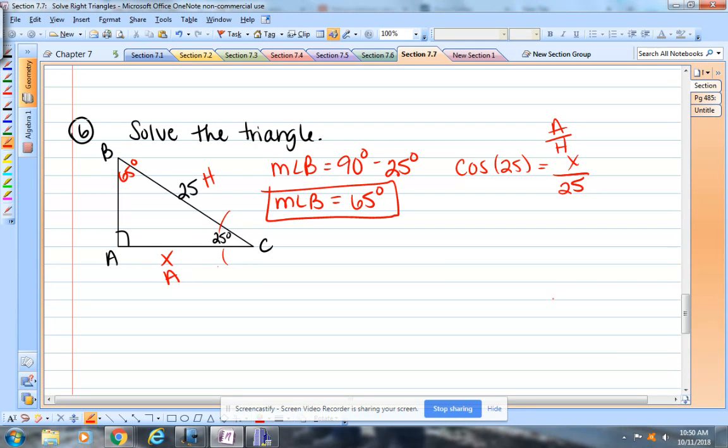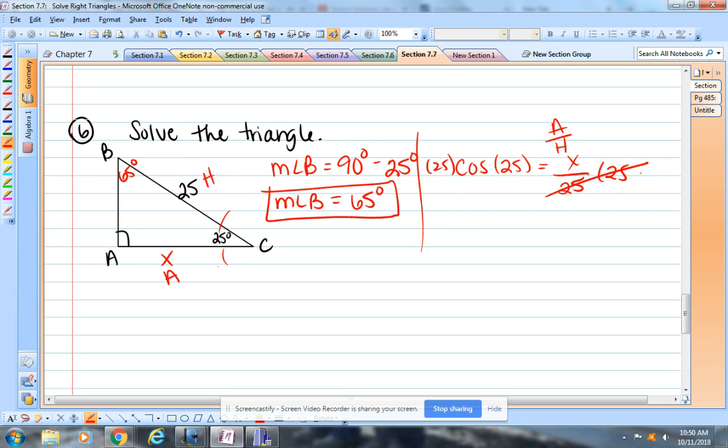Okay with that? So how do we get X by itself? You multiply by 25 on both sides. And then you can type that straight in your calculator. 25 times the cosine of 25. Are we going to use the inverse? No, because we already know the angle measures.